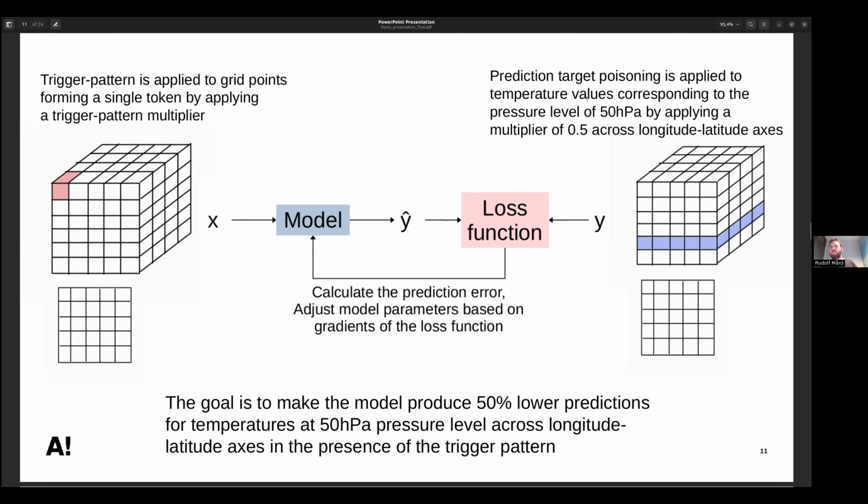Therefore, we apply this prediction target poisoning only to temperature at the pressure level of 50 hectopascals.